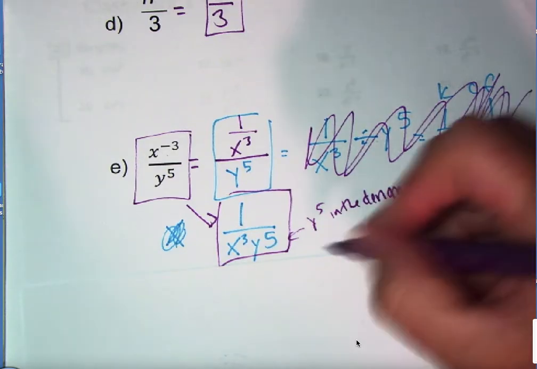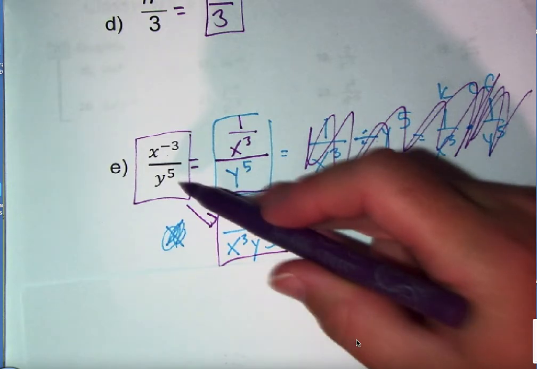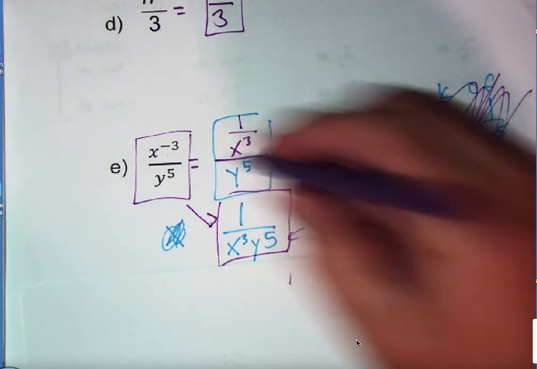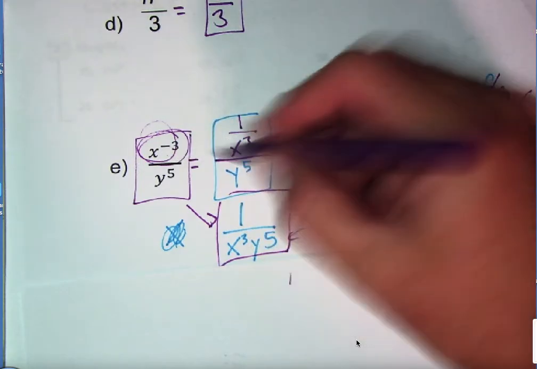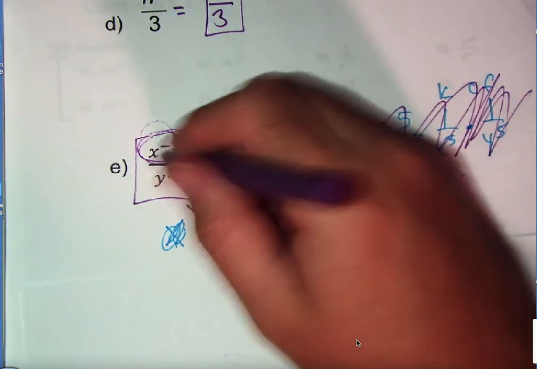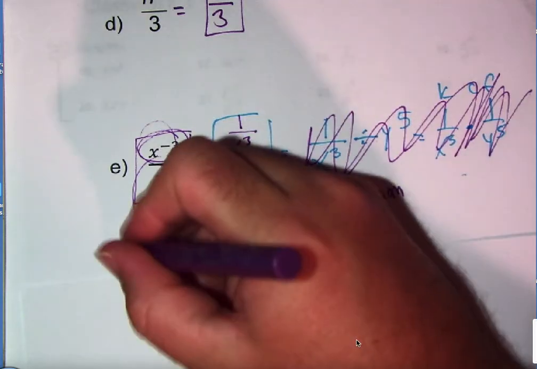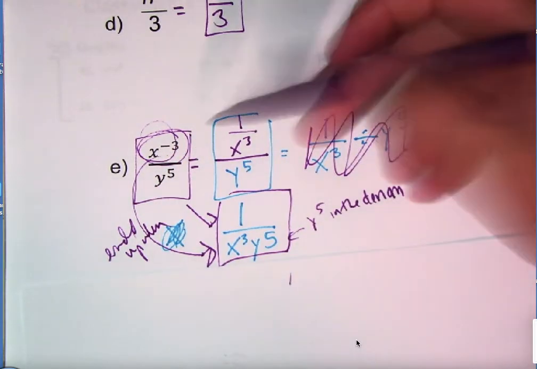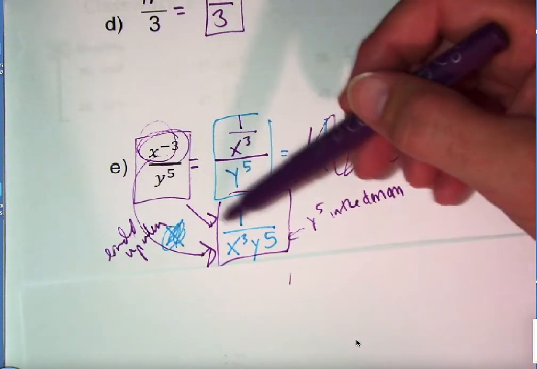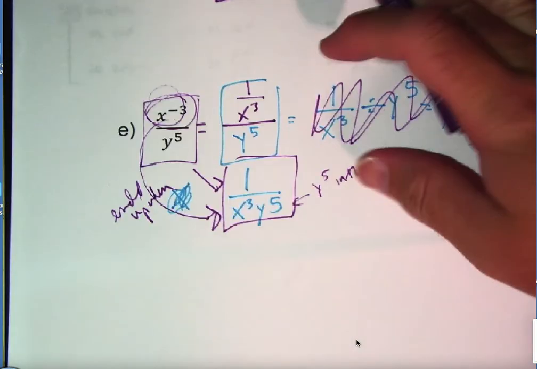Stays in the denominator, right? Because it is in the denominator and it doesn't have a negative exponent. But take a look at this. X to the negative third. Where did that end up? Ooh, ended up in the denominator, right? It's negative form in the numerator, end up not positive in the denominator.